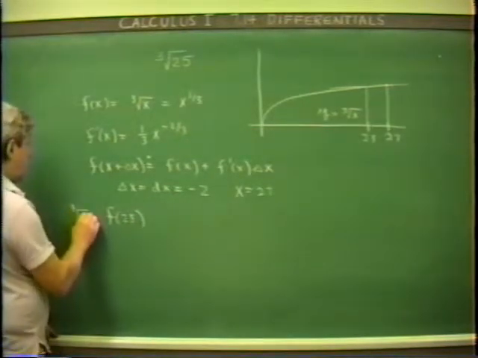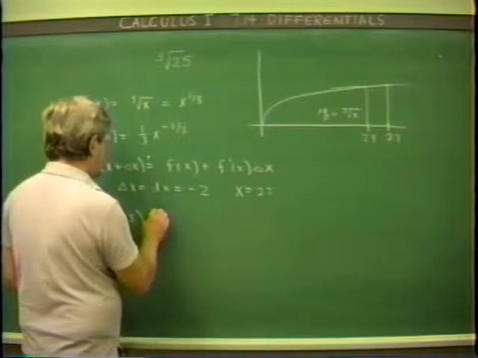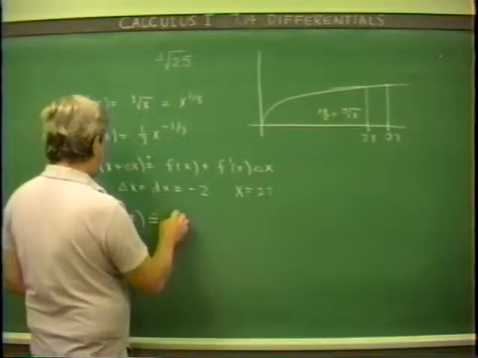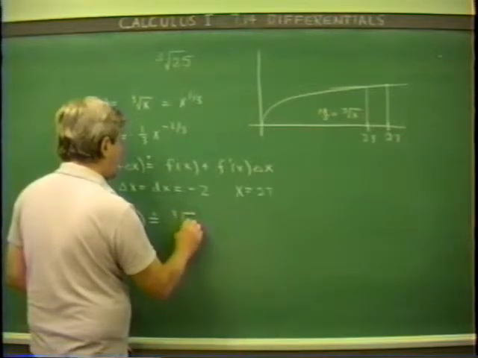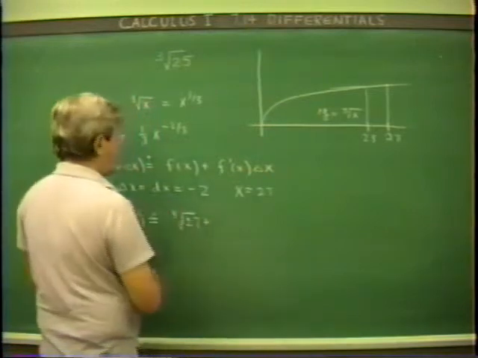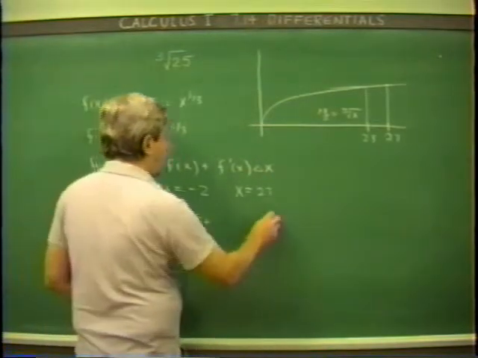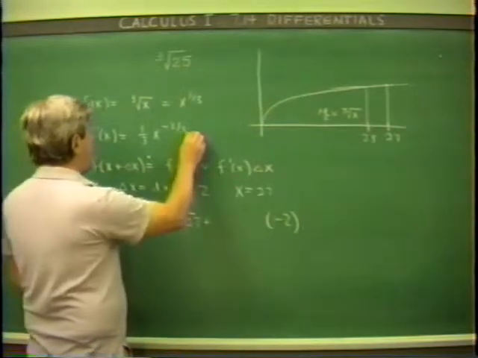And so we get that f of 25, or the cube root of 25, is approximately equal to f of 27, the cube root of 27, plus f prime of x delta x.